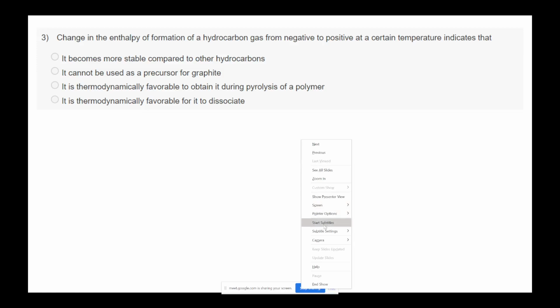So another question is: a change in the enthalpy of formation of a hydrocarbon gas from negative to positive at a certain temperature indicates that it becomes more stable compared to other hydrocarbons; it cannot be used as a precursor for graphite; it is thermodynamically favorable to obtain it during pyrolysis of a polymer; or it is thermodynamically favorable for it to dissociate.